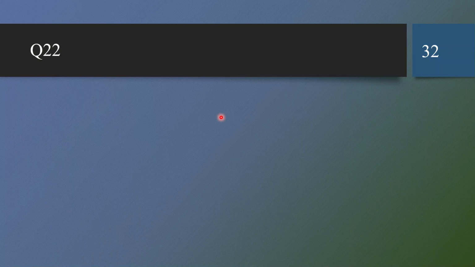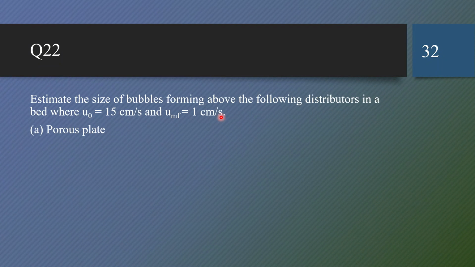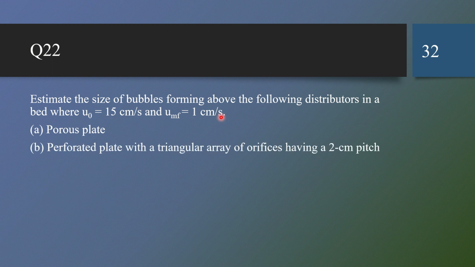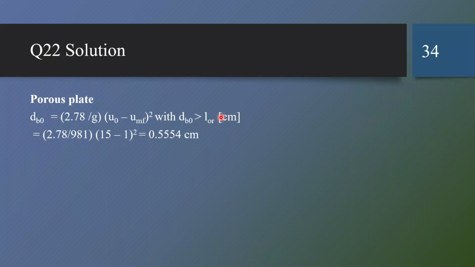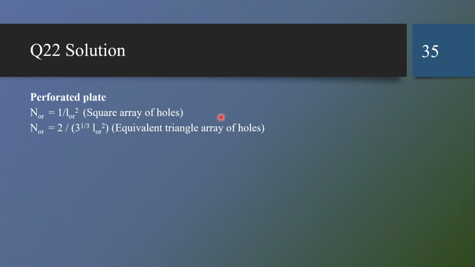The next question was to find the size of the bubbles that are formed when using a porous plate distributor and a perforated plate distributor. So we have used separate formulae for the porous plate and the perforated plate.